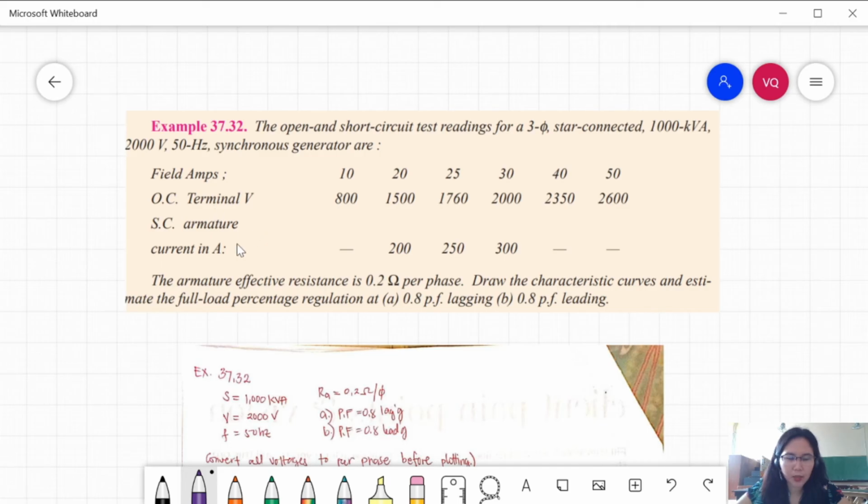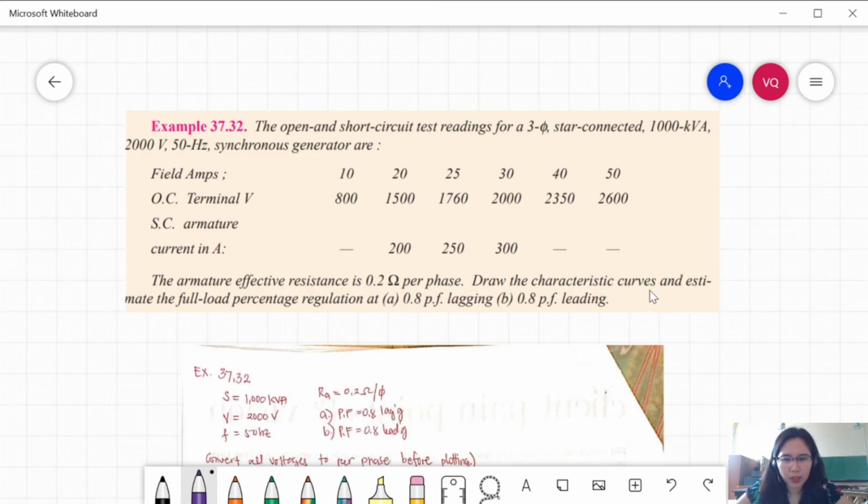Short circuit armature current in amperes: at a field current of 20 amperes, the short circuit armature current will be 200. At 25 is 250 and at 30 is 300 amperes. The armature effective resistance is 0.2 ohm per phase.